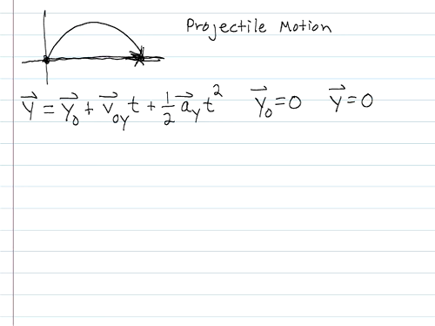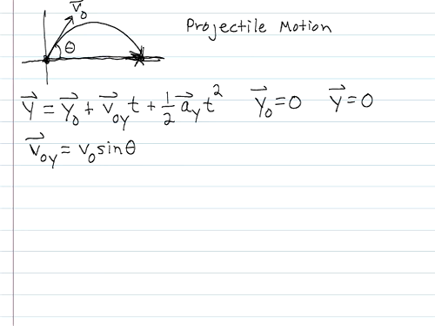Now what about the initial velocity in the y direction? You're going to see later that finding the y component of a vector, if we express the angle in the standard way, would be to take the magnitude of that vector and multiply by the sine of the angle. So in the diagram, if I draw the initial velocity vector, that angle is right here, between the vector and the positive x-axis.